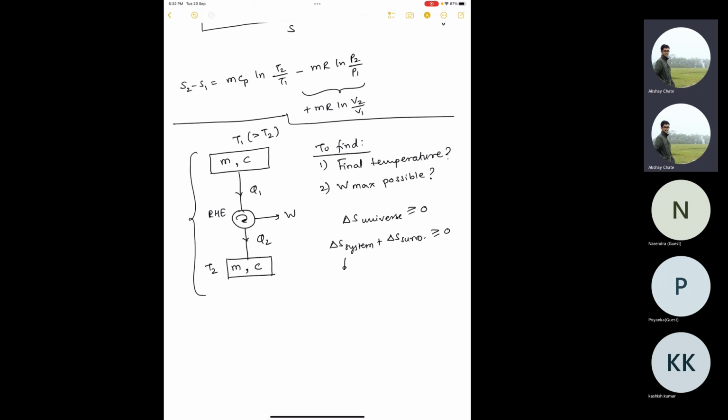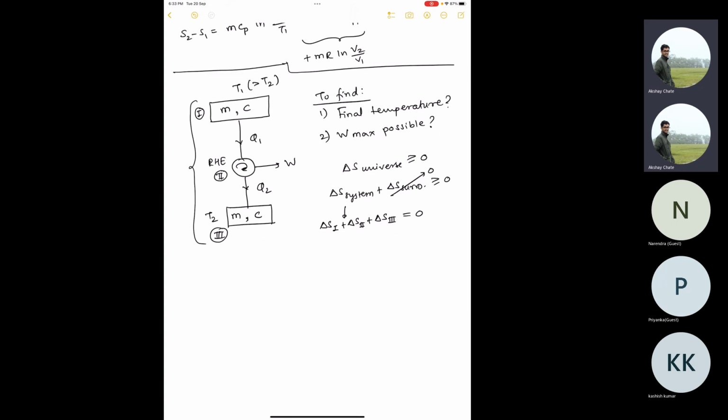For the sake of simplicity, we'll name this part as 1, the second component, and the third component is your sink. So delta S of system will be S1, S2, S3, right? If the whole system is considered, consisting of all these 3 components, there is no heat interaction in the surrounding. So this term goes to 0, and this is a reversible case, so this greater than or equal to becomes equal to. So basically, the equation reduces to this.